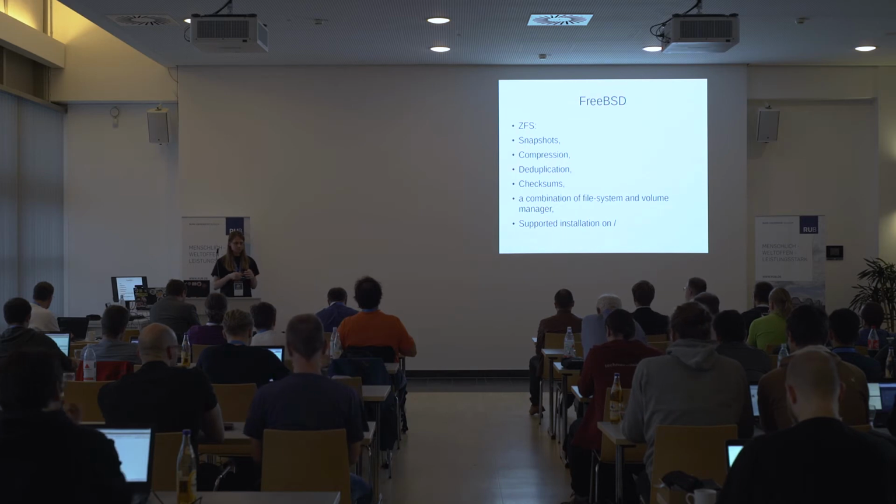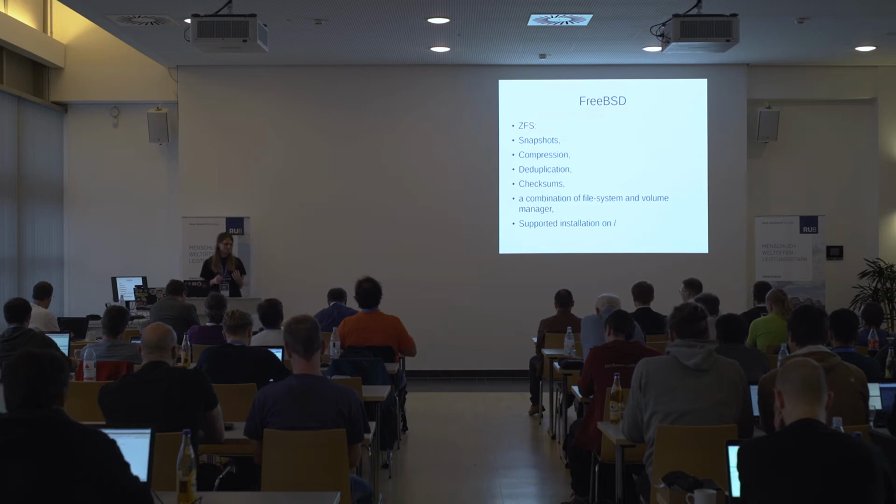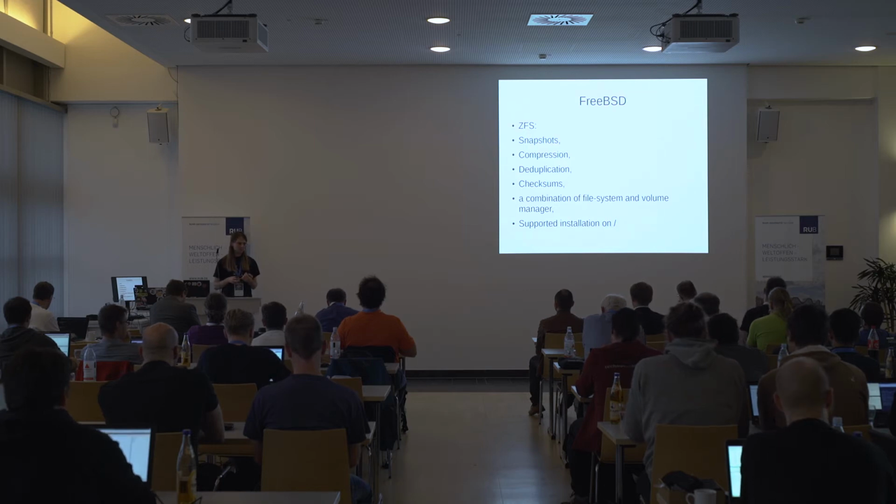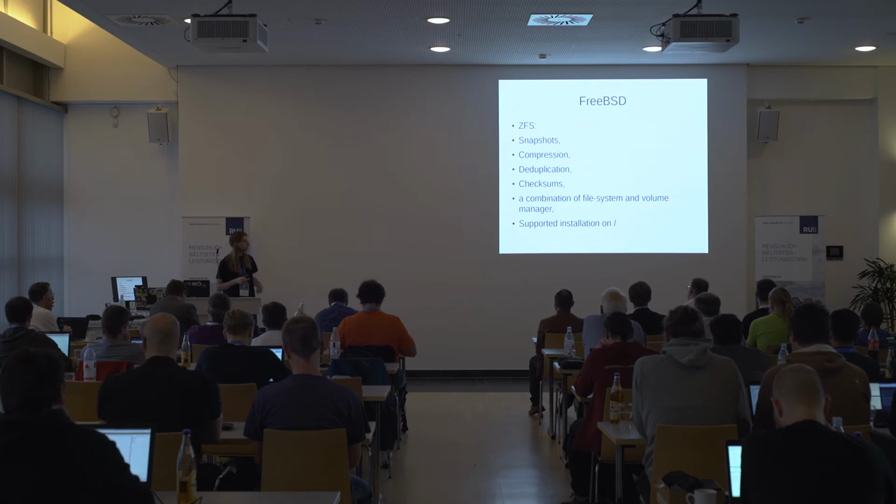You can set everything on the live system. You don't have to, for example, format the file system to do it. It requires more RAM than, for example, ext4, but there's also the UFS file system, which is the old Unix file system. It's much lighter.